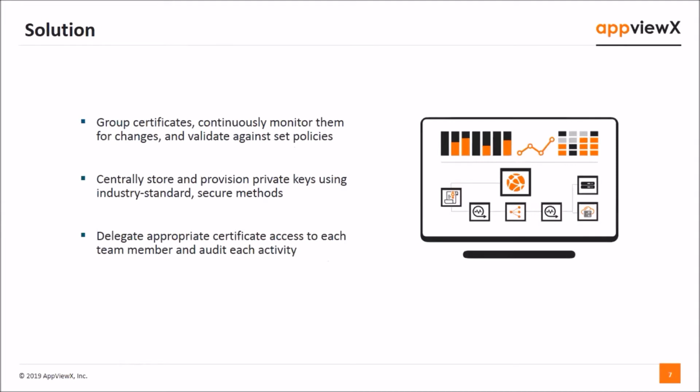As far as solutions, within the AppViewX program, it addresses each of those challenges that we've just discussed by allowing you to group certificates and continuously monitor them as they evolve and change. You can then evaluate and validate the entire asset inventory against defined corporate-wide policy or even group-associated policy.